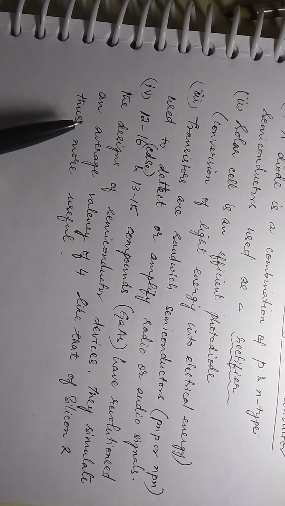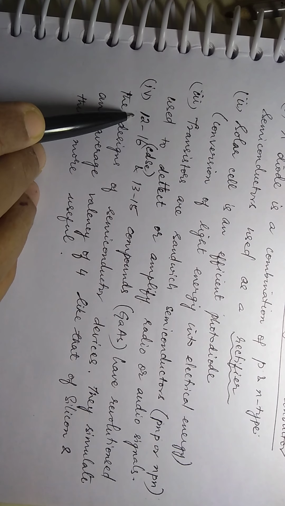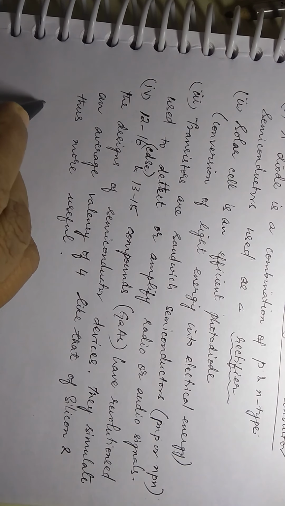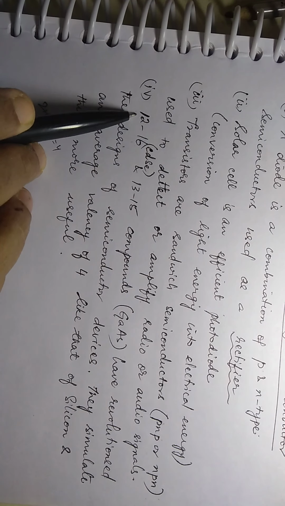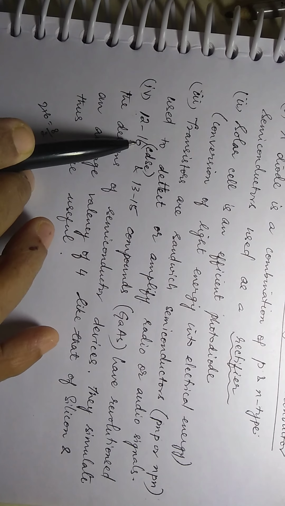Now what do you mean by 12-16 and 13-15? 12-16 means 2 valence electrons and the 16th group means 6 valence electrons. So 2 plus 6 is equal to 8. 8 divided by 2 is 4. It is a combination of a 12th group element and a 16th group element, so 2 elements are combined.